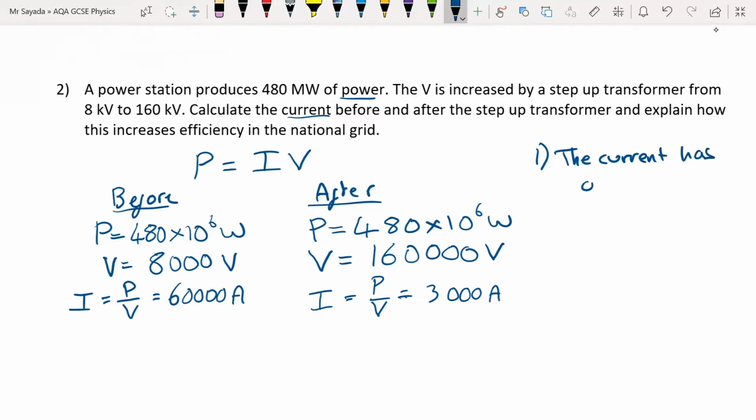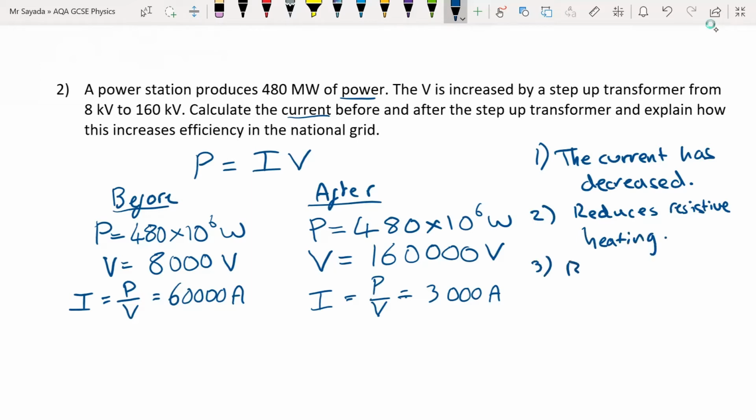The next thing you should say is that because the current has decreased, that reduces resistive heating. So that's the heating of the wires due to the resistance of the wires and the current passing through. So this reduces resistive heating. That reduces the energy loss to the surroundings.